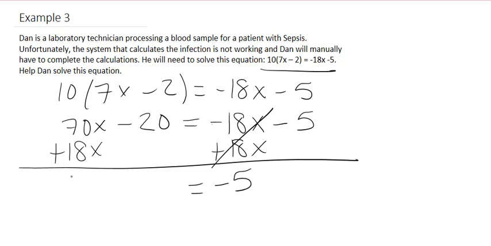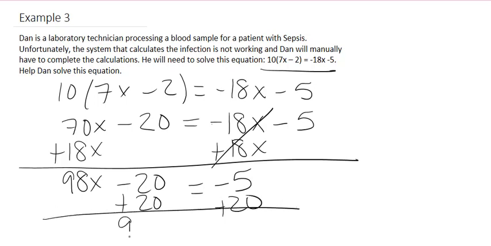Now we have 98x minus 20. So what we're going to do is actually add 20 to both sides. So then we get 98x on its own, because this becomes 0. So we have 20 right here minus 5. So 20 minus 5 is 15.